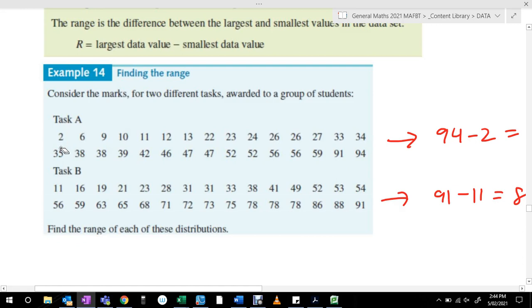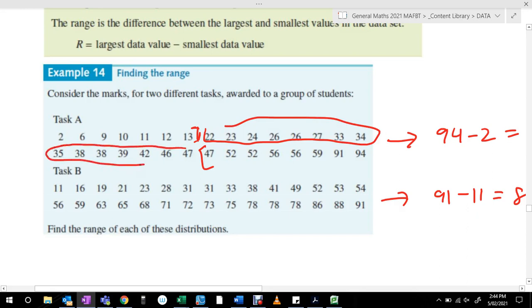The interquartile range is basically the middle half of both of those. If I split this into quarters, you've got this quarter of data and then this quarter. This is the interquartile range here. You're focusing on these numbers, the middle 50% of the data.